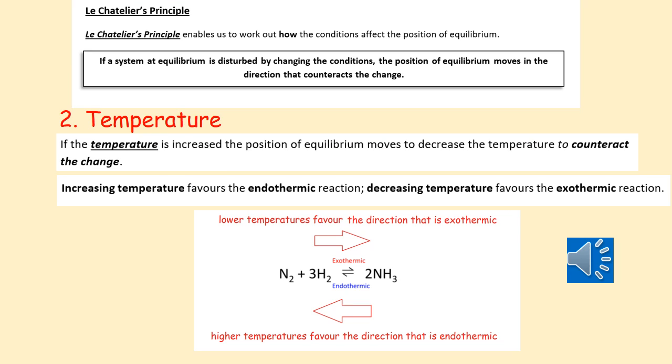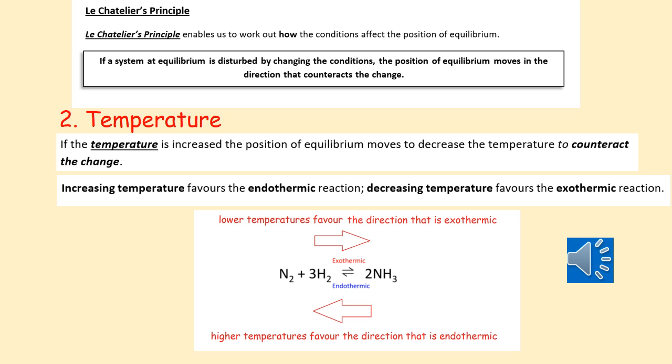Now we consider the effect of temperature on the equilibrium, and this one is much more difficult and really takes time to get your head around it. Now reversible reactions will be exothermic one way and they will be endothermic the other way.